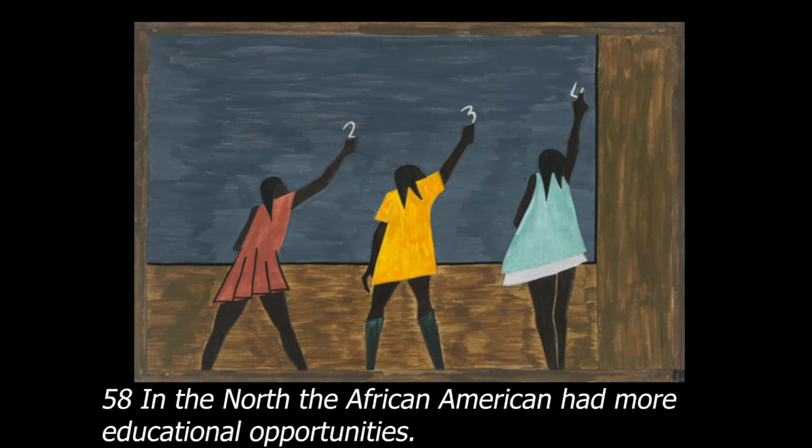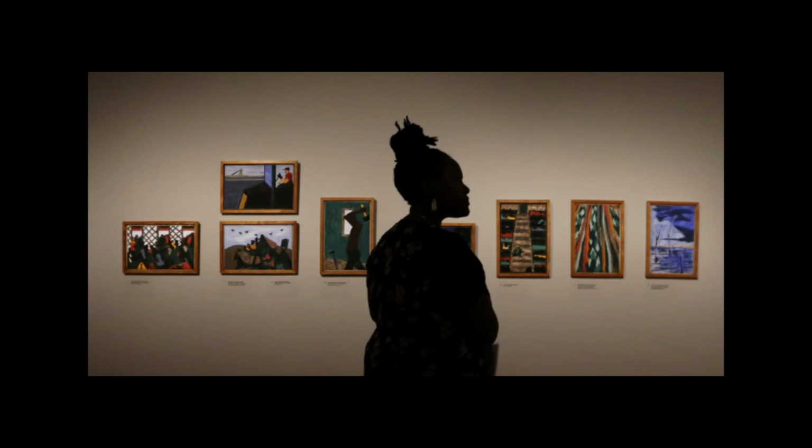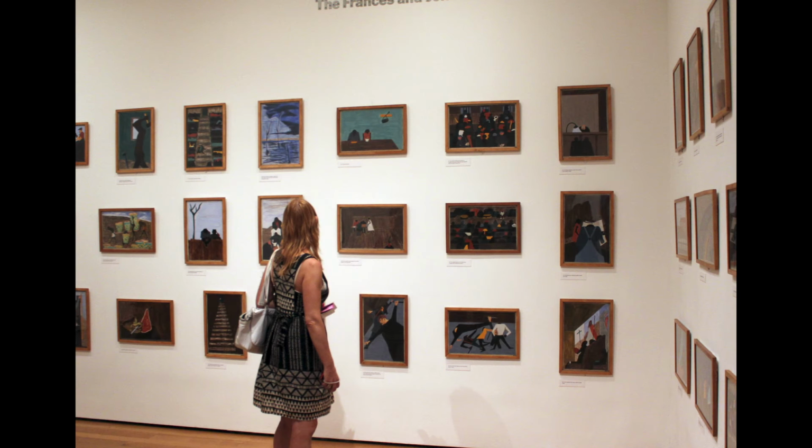This work was very widely accepted and celebrated, and it was exhibited at the Downtown Gallery in Greenwich Village, New York. And he was actually the first Black artist to be represented in a New York art gallery. So this brought him a lot of national recognition.